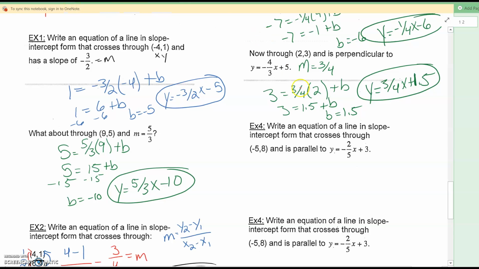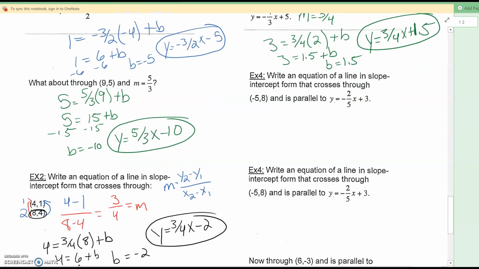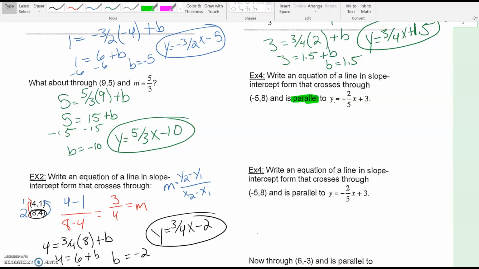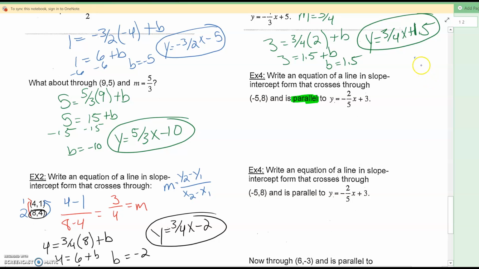Now, the last type of question we have are the ones that say parallel. So a line that's parallel to my original line. When you think of parallel lines, if this crosses at 3 and has a negative slope, like so, parallel to that would also have the same slope.